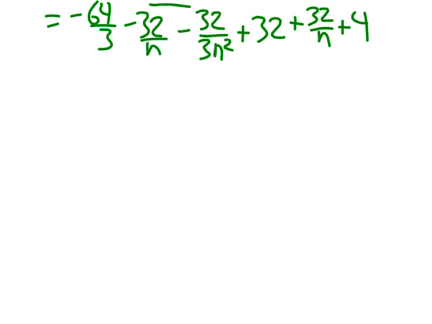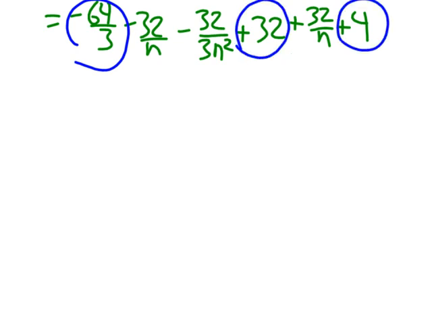All right, now it's time to just combine the like terms, right? So negative 64 thirds. Notice I'm starting with the constants. Your inclination may have been to start with the n squareds and then the n's, but notice that the n squareds and the n's are in denominators, so they are not the highest degree terms. If I combine those three constants, I would get 44 thirds.